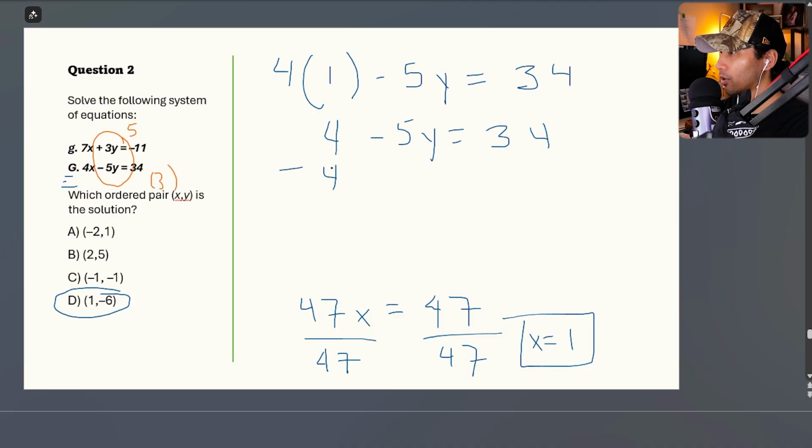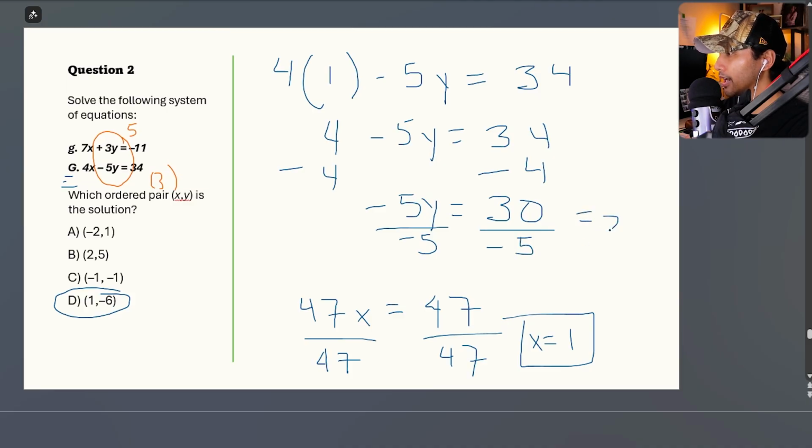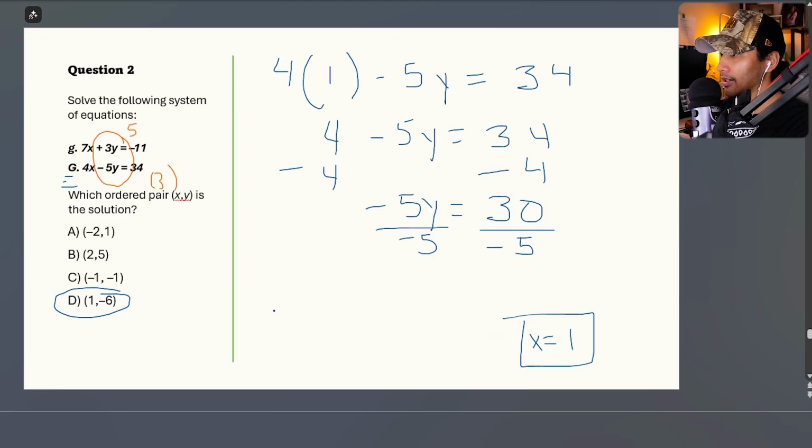And then minus 4, negative 5y equaling positive 30. Divide by negative 5, divide by negative 5, and then we get negative 6 equaling y.